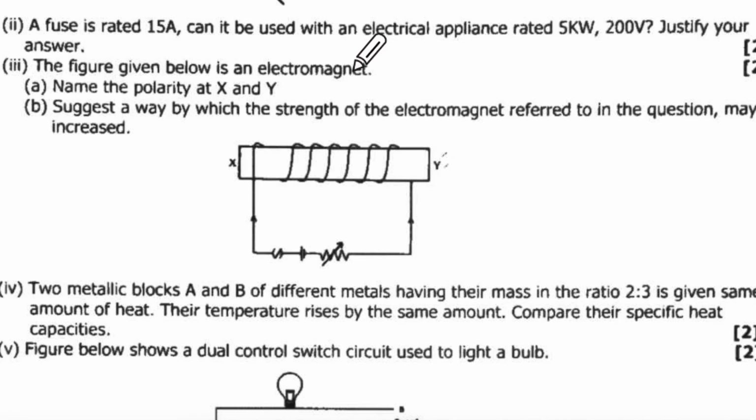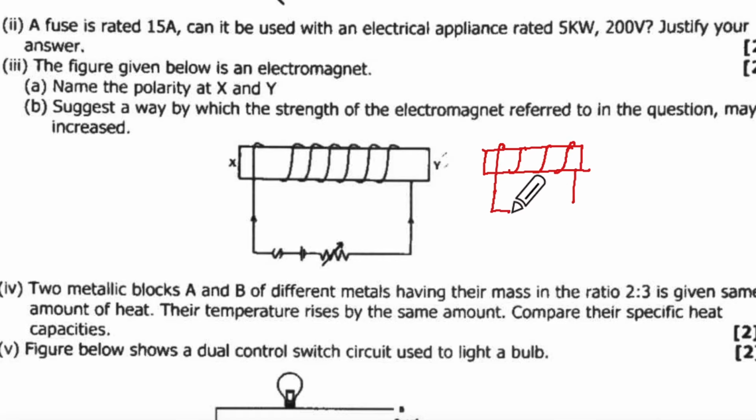Given below is the electromagnet. Name the polarity at X and Y. For X and Y, quickly show this and show just 2-3 turns, that's it.